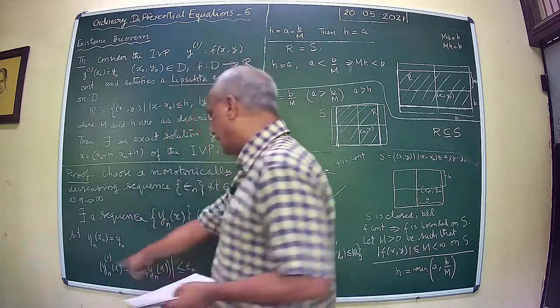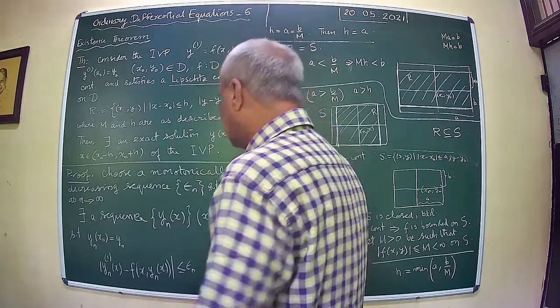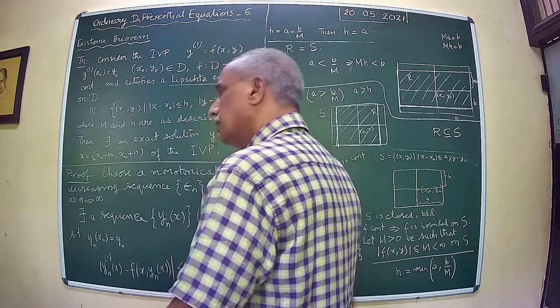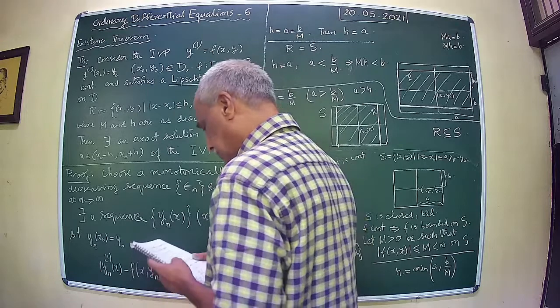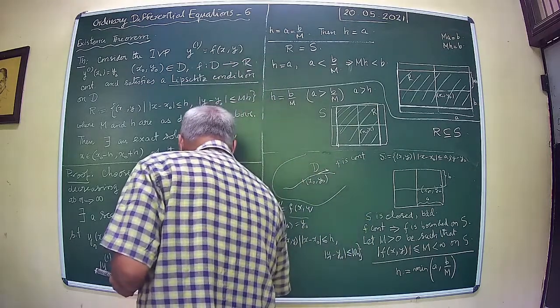That is, the error with which y_n satisfies the equation is within epsilon_n for |x - x0| ≤ h.